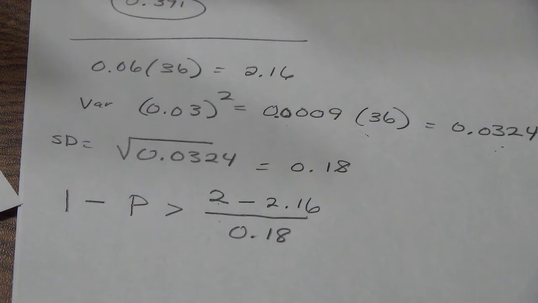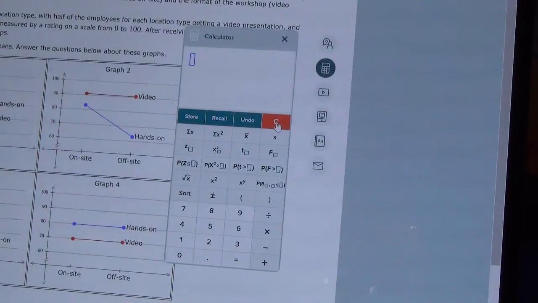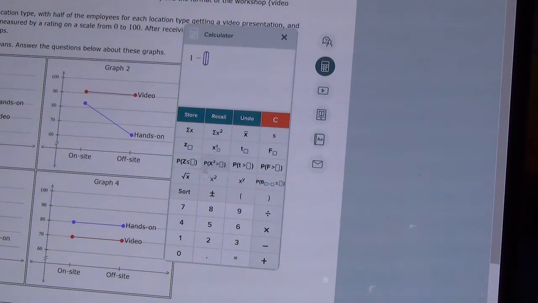So I'm going to hop over here, grab my Alex calculator again. If it didn't kick me out, there we go. And I'm going to punch that in. 1 minus P of Z is less than or equal to, and I am going to have 2 minus 2.16. Highlight that.